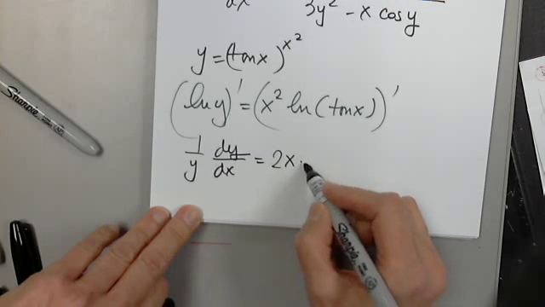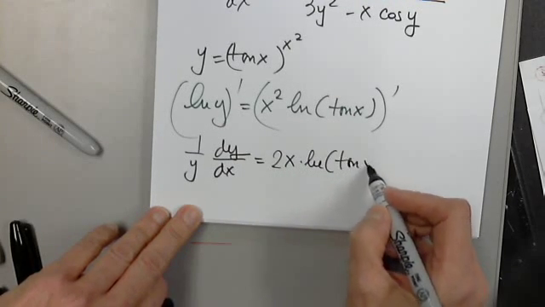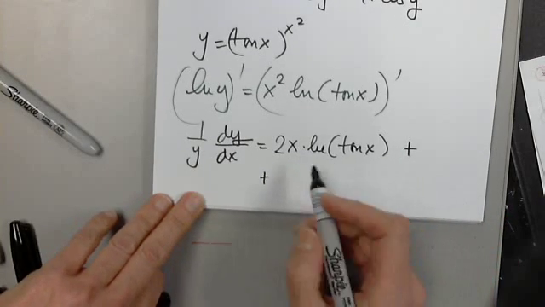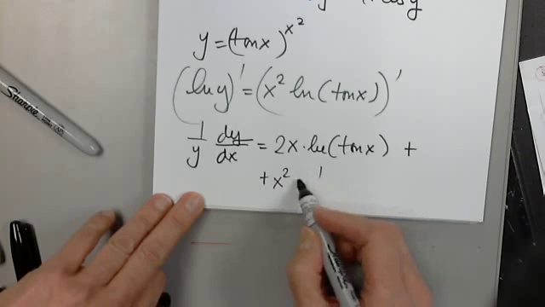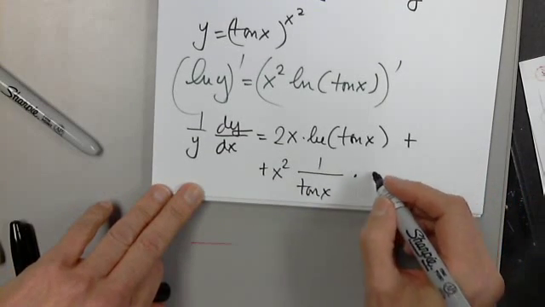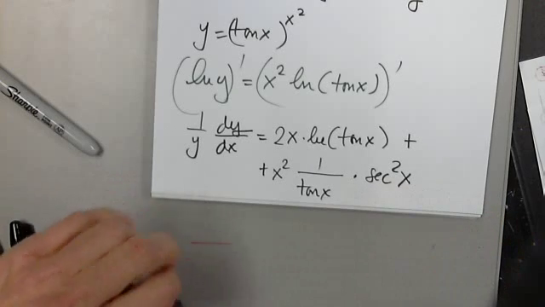Two x times natural log of tangent x plus x squared, 1 over tangent x times secant squared x. That's it.